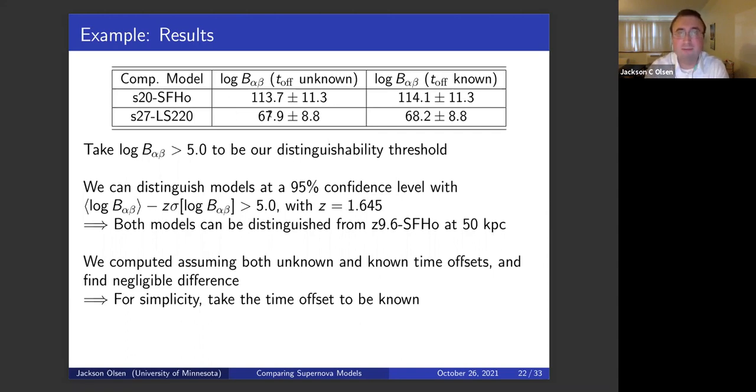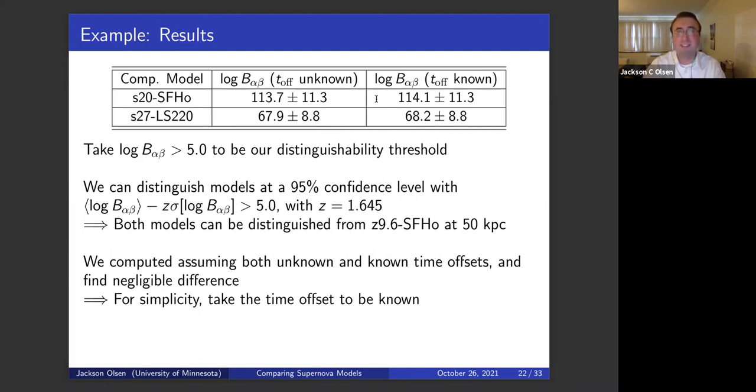This middle column, for those results, I assumed that we wouldn't know the time offset, so we have to do the elaborate integration procedure to take into account the unknown time offset. In this column on the right, I just assumed that we'd know the time offset. This is obviously unphysical, unrealistic, but we see that it doesn't actually make much difference.